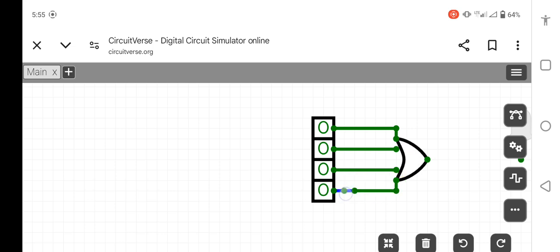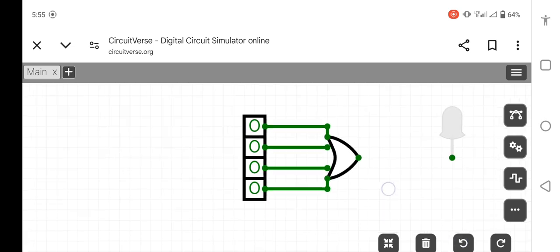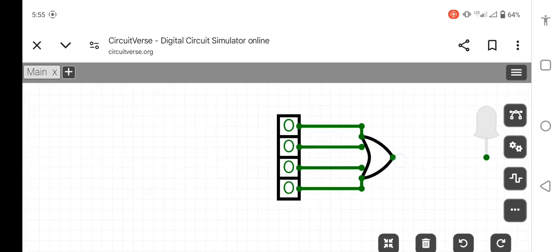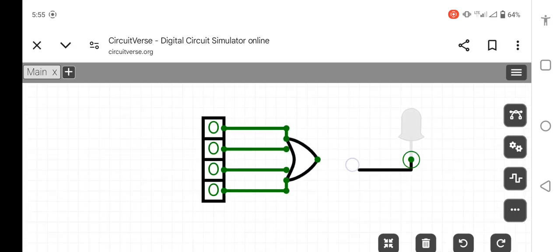You have to connect. Then this is the output.